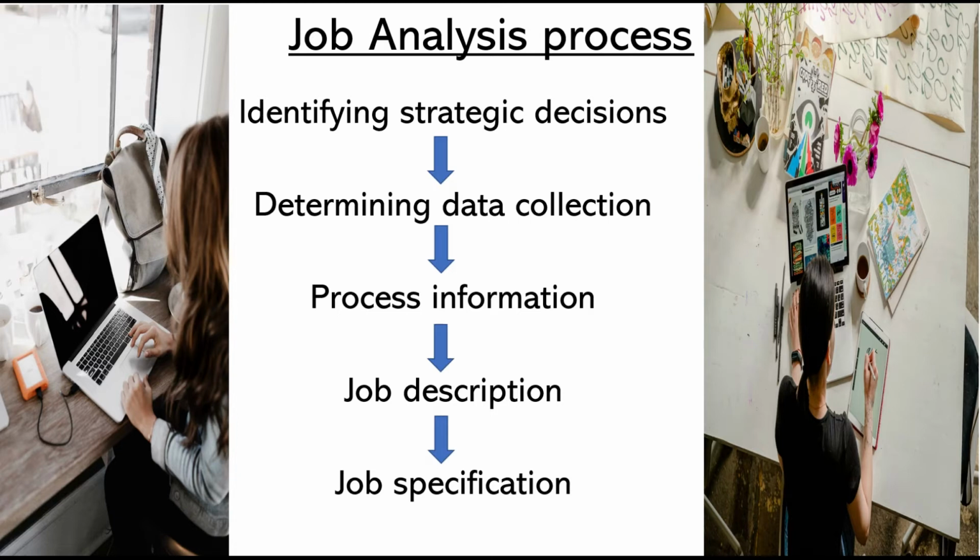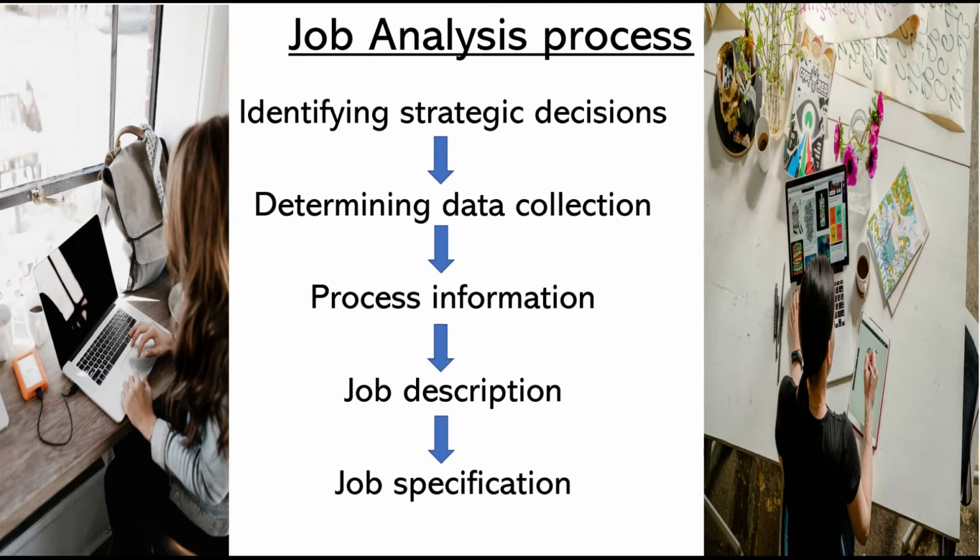And the involvement of employees. Do you want to involve all the employees, or do you want to involve only the heads of the departments or the supervisors in an organization? And what are the various sources, how you are going to collect the data, all these things you will be determining, the source of data. Okay, so all these strategic choices you have to make in the first step.